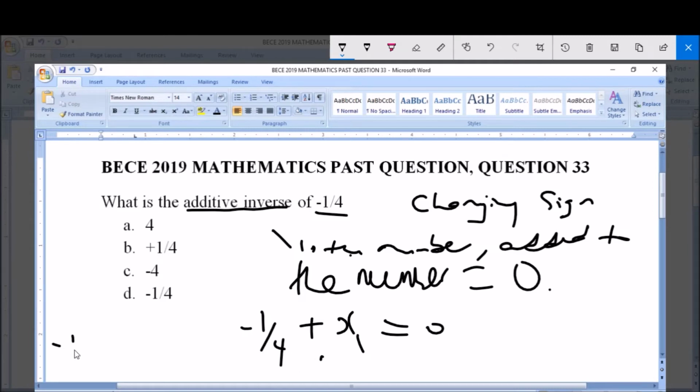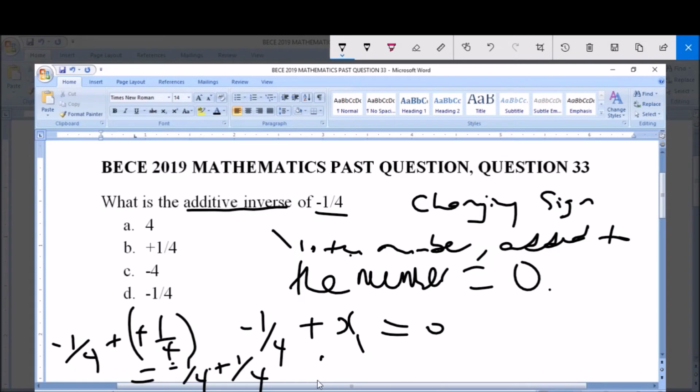We add minus 1 over 4 plus, let me put this in brackets, plus 1 over 4. This is equal to minus 1 over 4 plus 1 over 4.